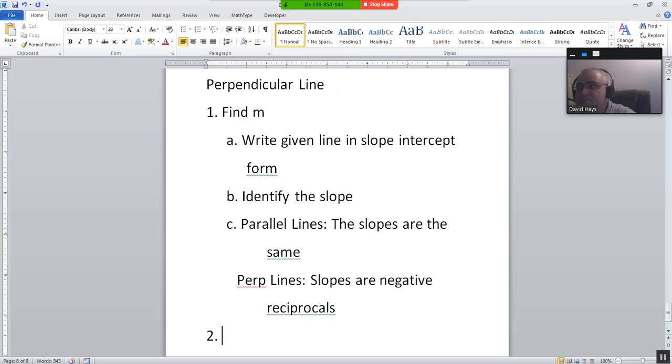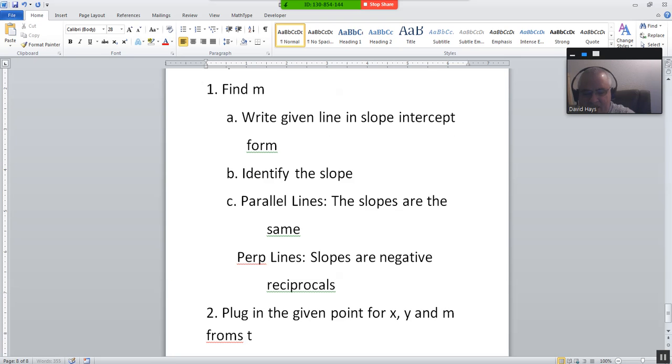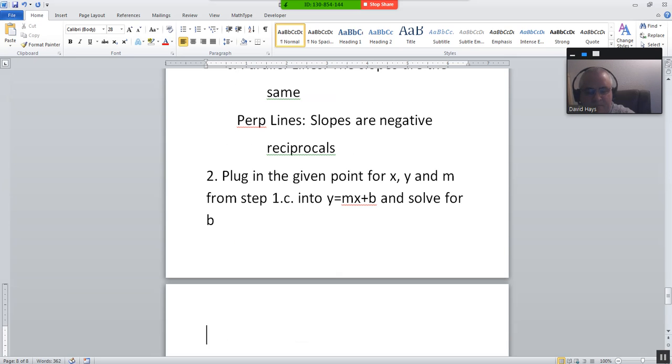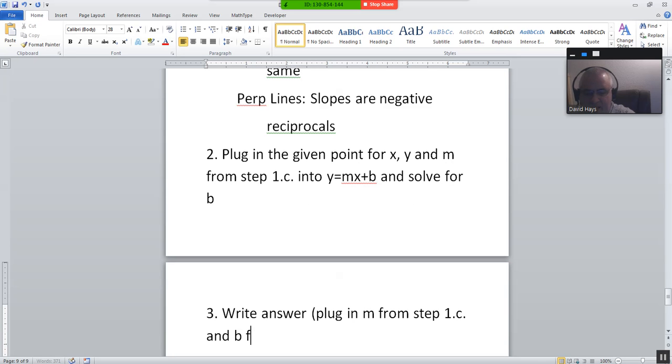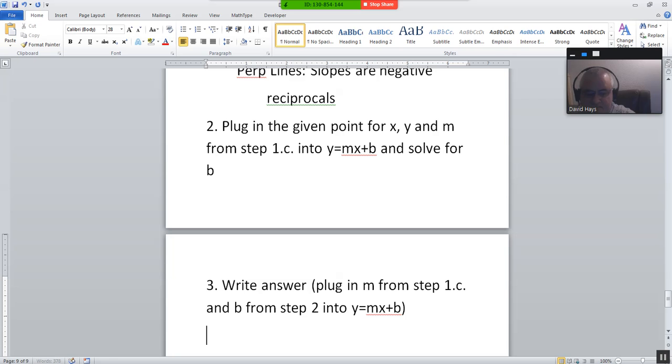And then step 2 is to plug in the given point for x and y and m from step 1c into y equals mx plus b and solve for b. And then step 3 is to write your answer. Plug in m from step 1c and b from step 2 into y equals mx plus b.